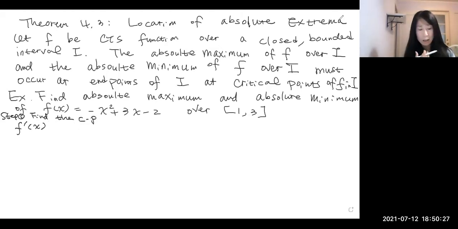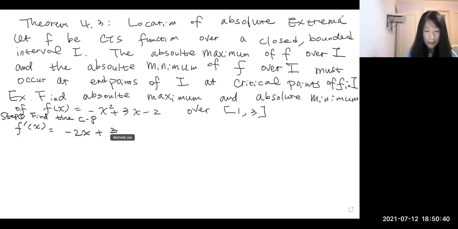So what do you get for this one? Negative 2x plus 3. Okay, now we set this equal to 0 and solve for x. What do you get?